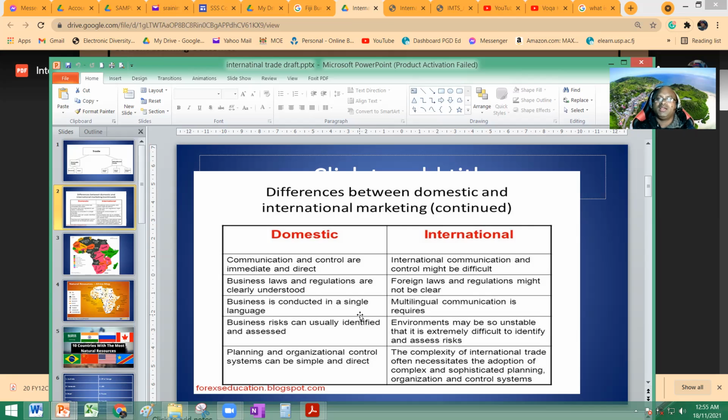It's like another stage of hustle that you have to go through. So international and domestic is a big difference in trade. The others you do not have to know, but that's just to be able to differentiate between international trade and domestic trade. Okay, next one.